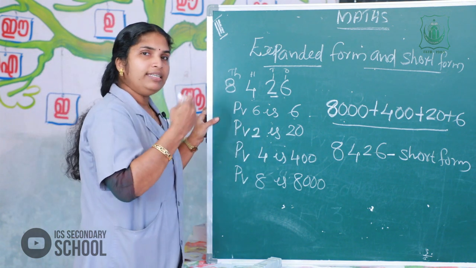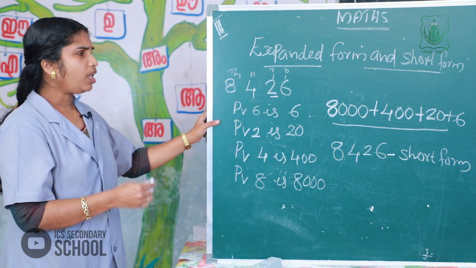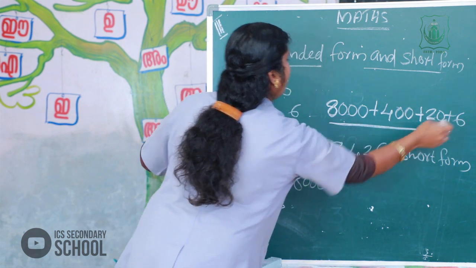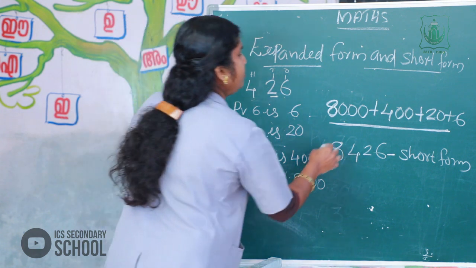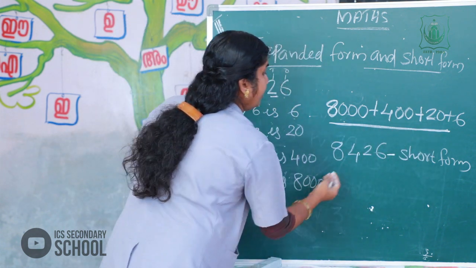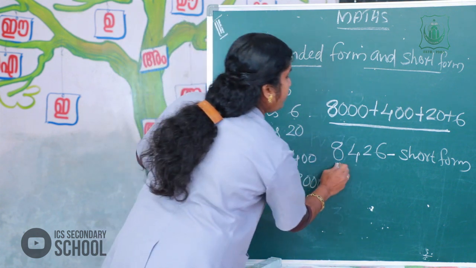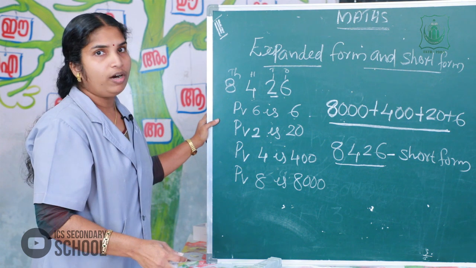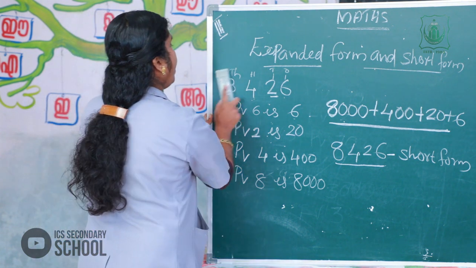When we add these place values of all the digits, we get the expanded form. When these are joined together, we get 8426. This form is known as short form or standard form. Please listen to an example.